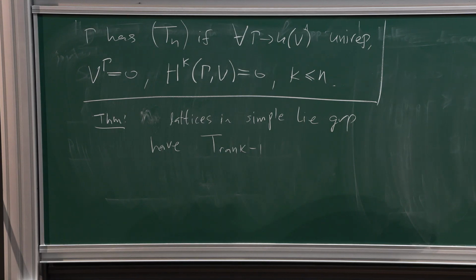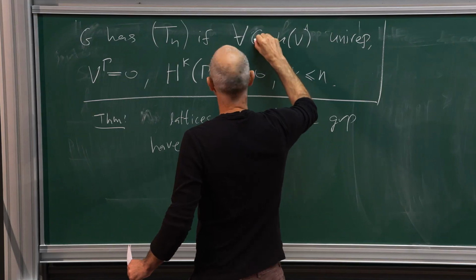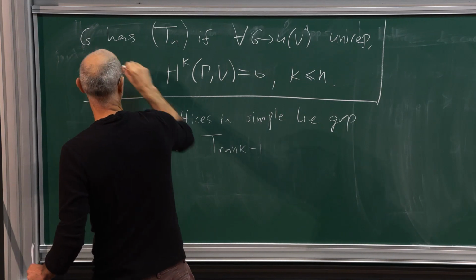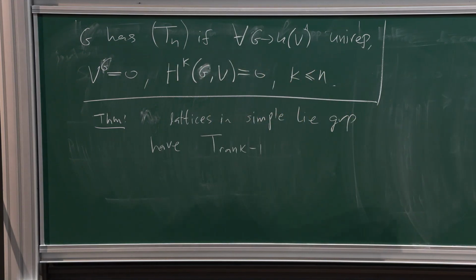Gamma can be any. What is gamma? Gamma is a locally compact second countable group. Okay, no, because I didn't use G. We think it's a lattice, so it's right. Yes, you're right. This also goes for G. Fair enough. Okay.